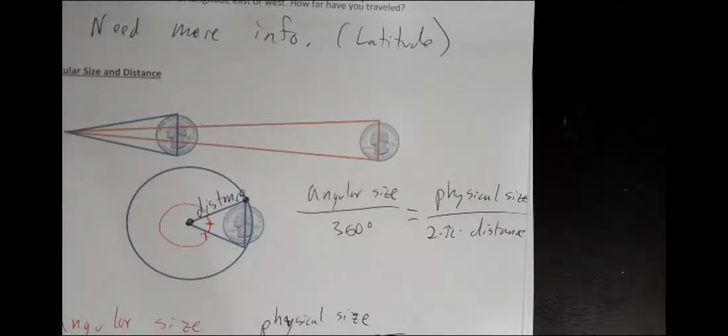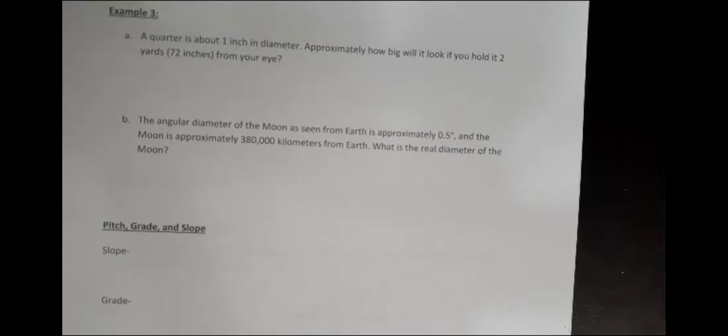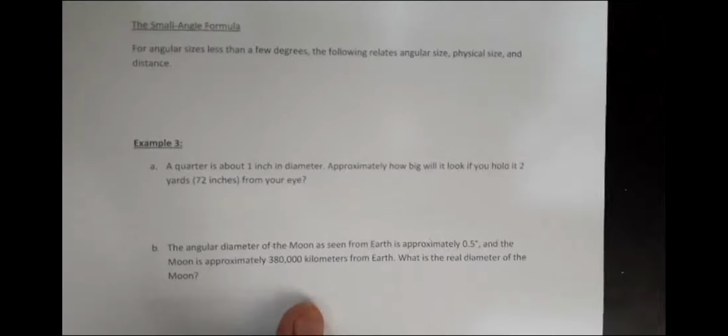So we have a few problems using this formula. And so this is what they're doing here. Oh, they rearrange a few things. Okay. That's what they do. So for angular sizes less than a few degrees, the following relates angular size, physical size, and distance. So this is kind of an approximate thing.